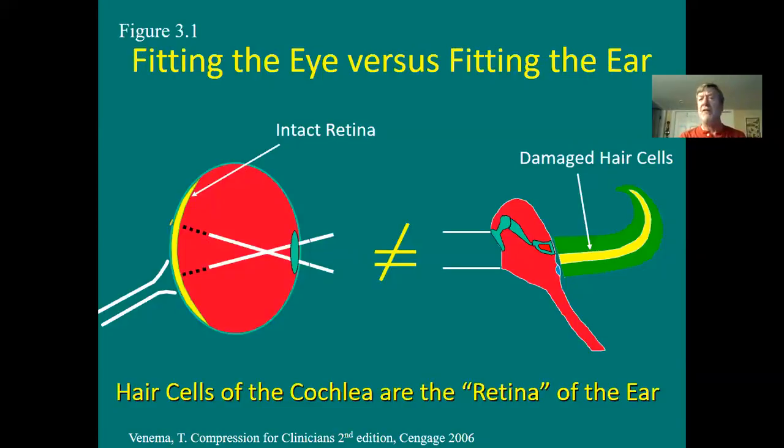And that's the difference between vision loss and sensory neural hearing loss. And that is what the public doesn't get. And that is why we need to be ambassadors of our field. We are the curators, the custodians of the knowledge of the ear.